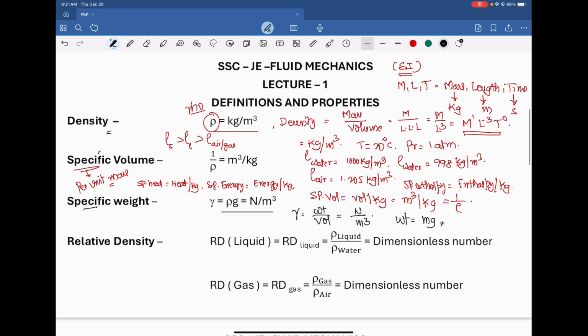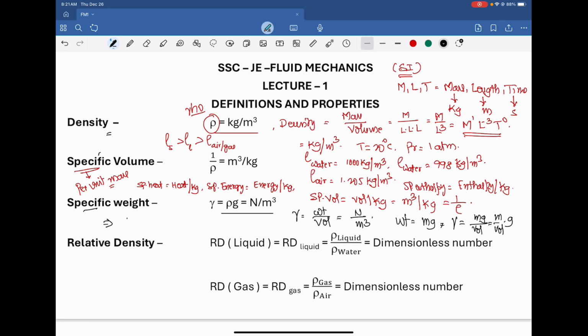And gamma is equal to weight, mg, by volume. That is equal to m by volume into g. That means gamma is equal to rho into g. This is very, very important equation.